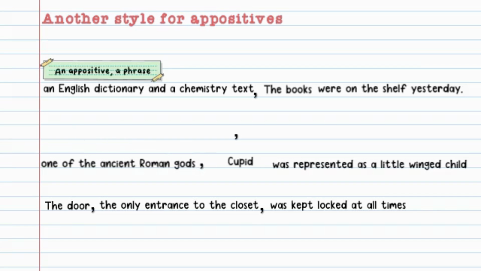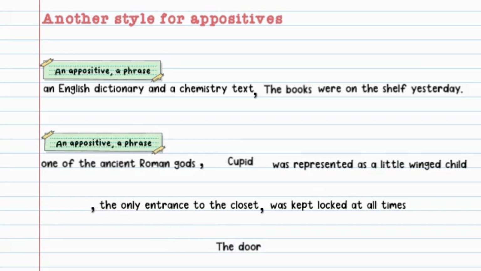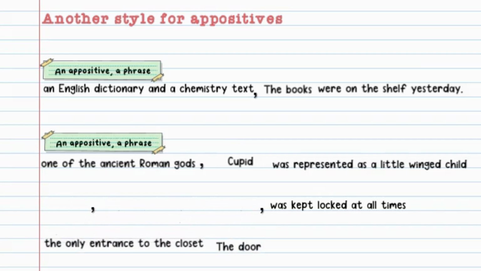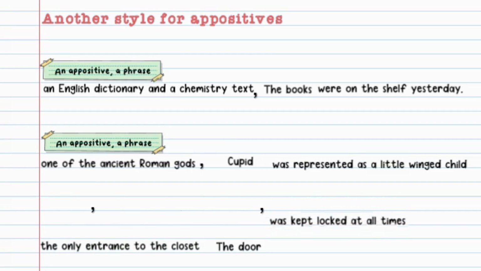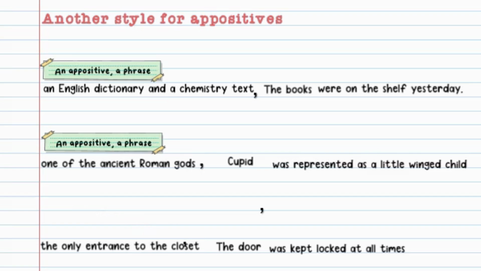And the last example: the door, the only entrance to the closet, was kept locked at all times. It precedes the phrase the door was kept locked at all times. And to make sure that everybody knows the only entrance to the closet is the appositive, we put the comma after the phrase.